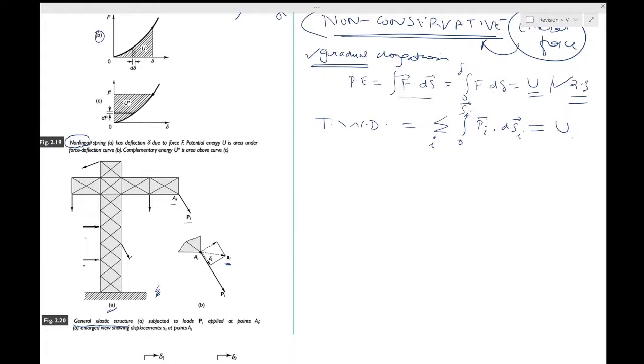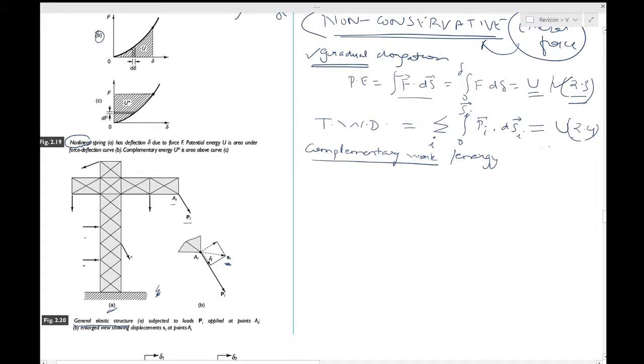Now you introduce the concept of a complementary work and complementary energy, so that you are able to obtain a result which is parallel to this 2.4.